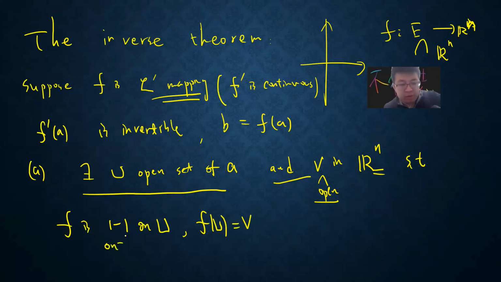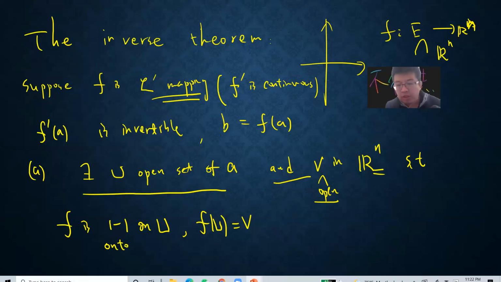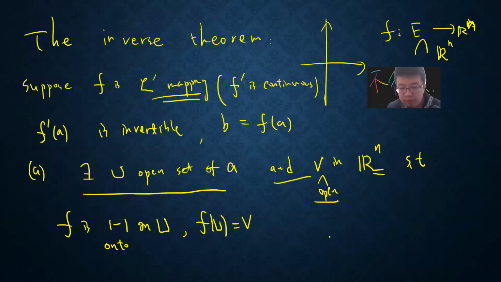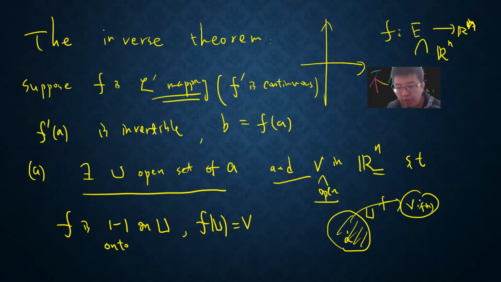This theorem just tells you that if you have a where the differentiation is invertible, then very near this point a, you can find an open set U such that you map this open set by f into a neighborhood of f of a, which is V. If you only focus on this U and the corresponding V, then f is an invertible function.